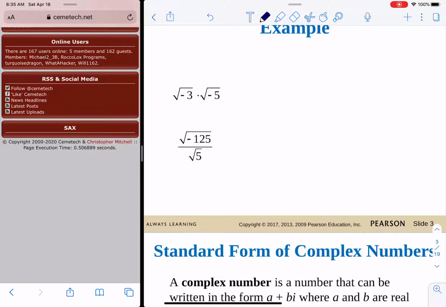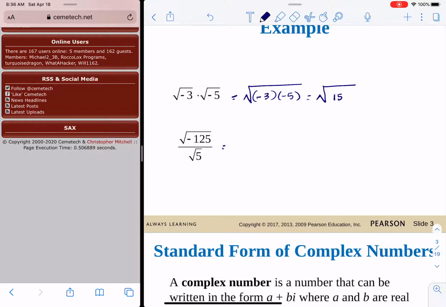But if we have separate terms, one thing to do is to combine and see if the negative goes away. So I'd have negative 3 times negative 5, and a negative times a negative is positive, so I'll have the positive square root of 15, which is a real number. There is nothing we have to do about it now.